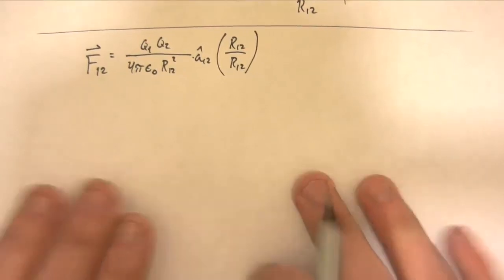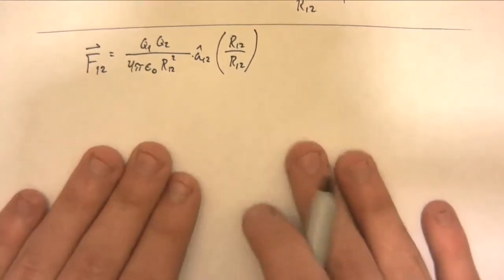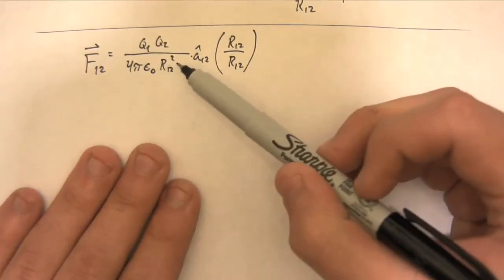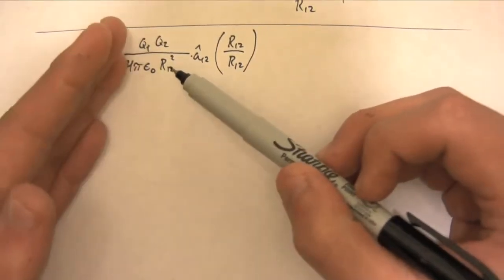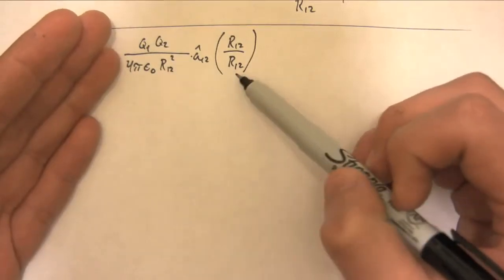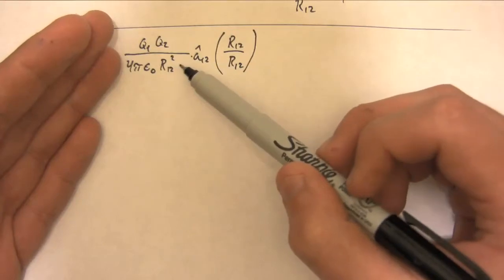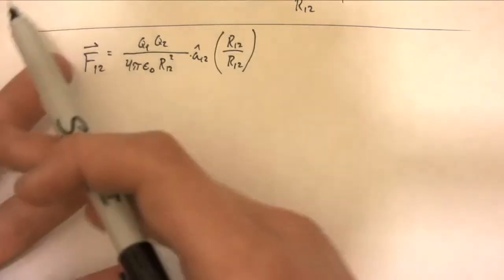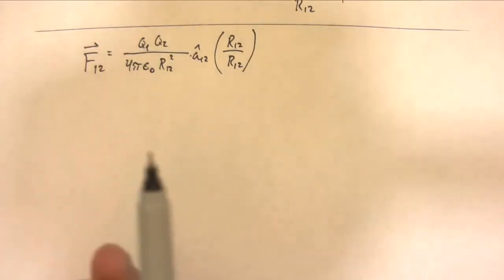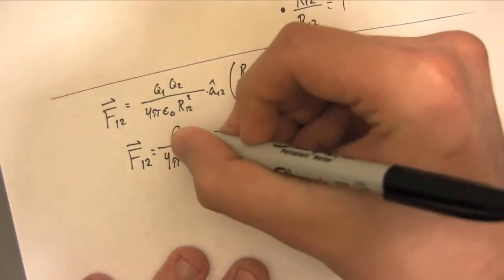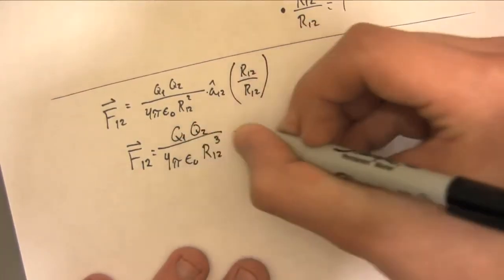Now, some very, very interesting things start happening. Now, we already have R12, the scalar form, being squared. When we have the R12 here, it turns that into a cubed. So let's just go ahead and write that as cubed. See what's going on with the R12 left over. Cubed, Q1, Q2.